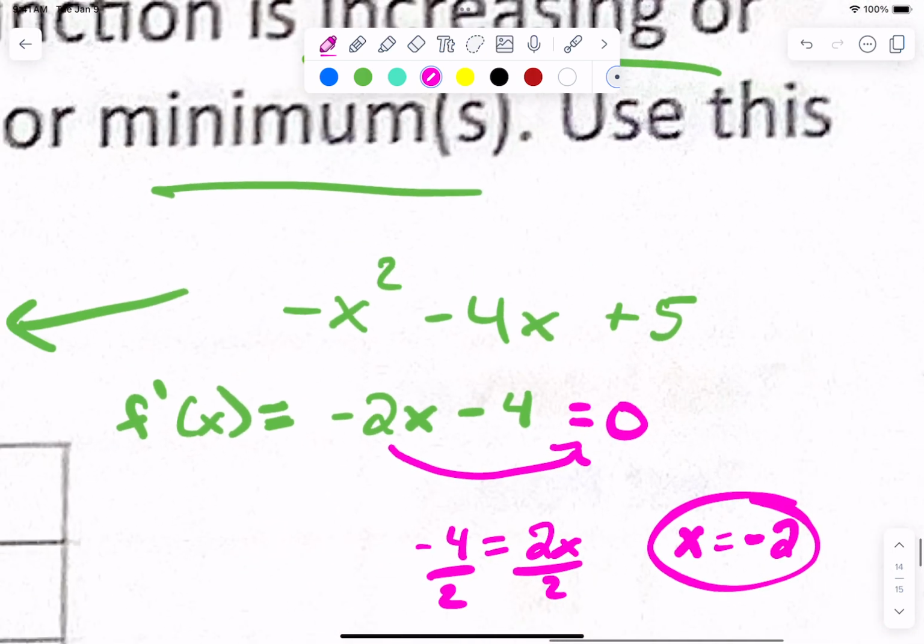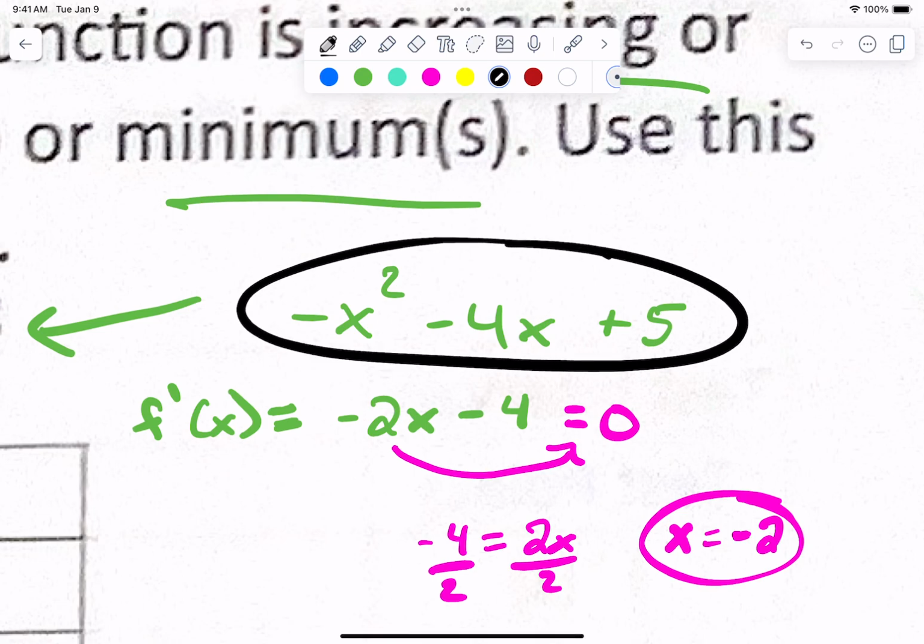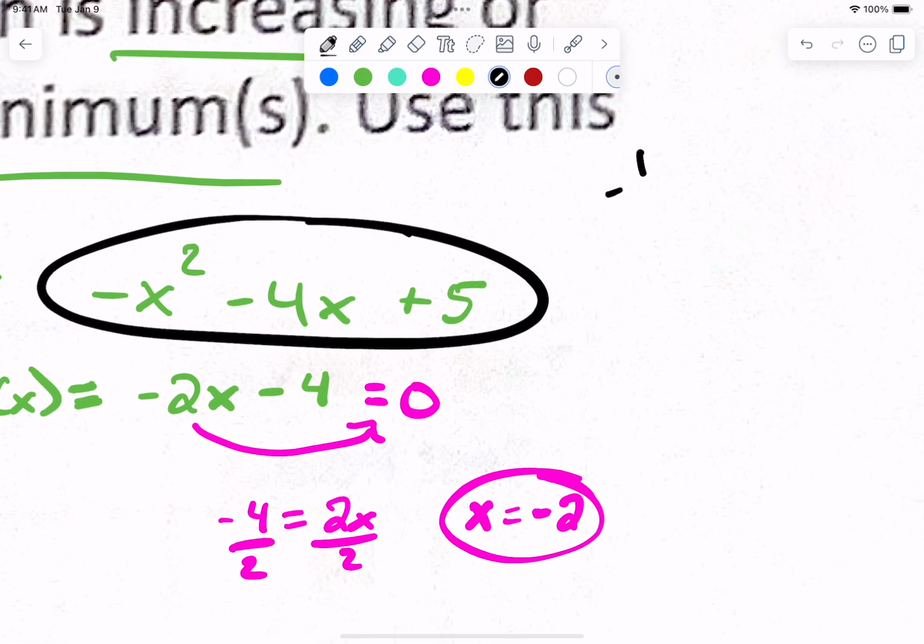By the way, FYI, look at this equation really quick. For those of you who still have to take the ACT, if they ask for the vertex of this equation, you know how to find it with negative b over 2a. Supposing you don't want to do that, take the derivative and set it equal to 0.